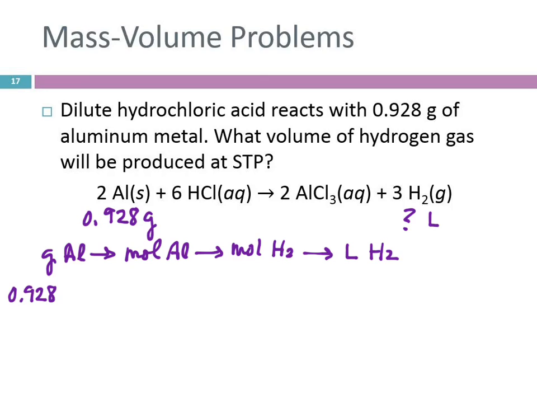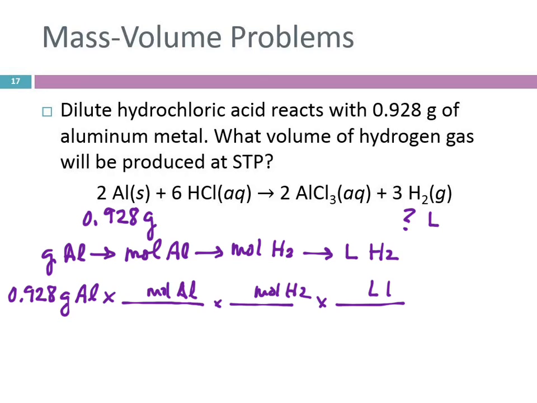0.928, the mass given, grams of aluminum. We want to go to moles of aluminum, to moles of hydrogen, to liters of hydrogen.